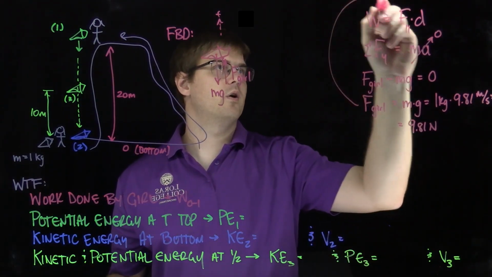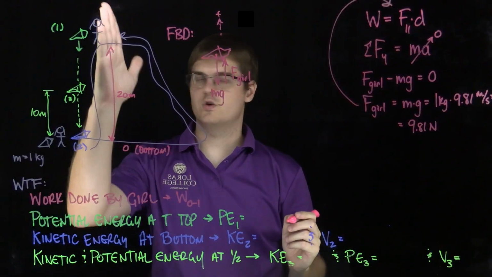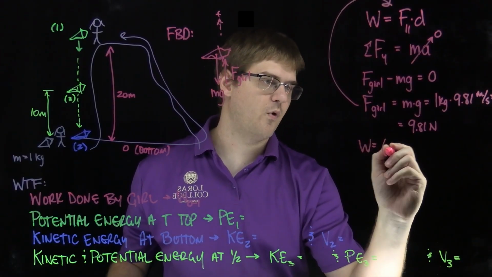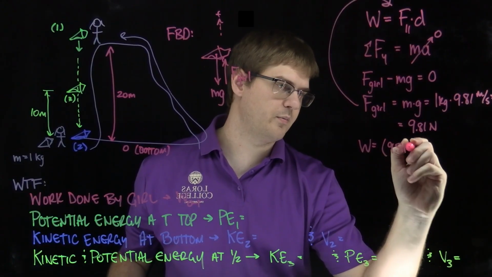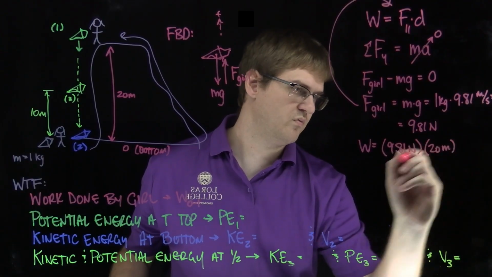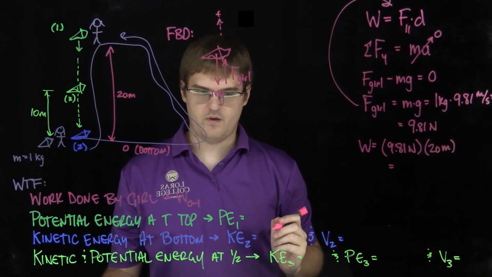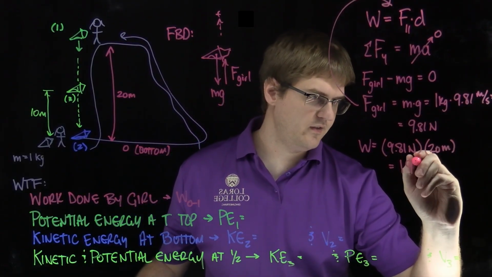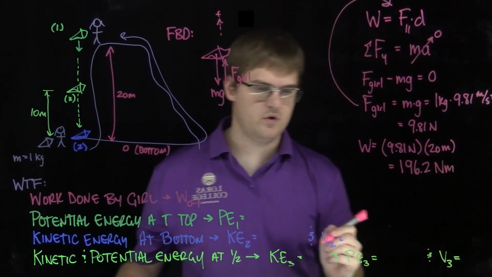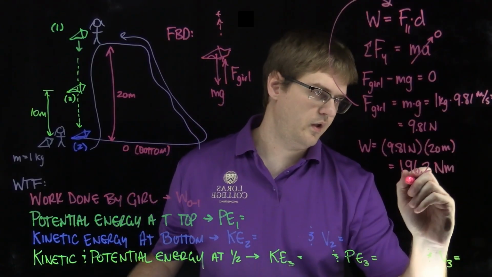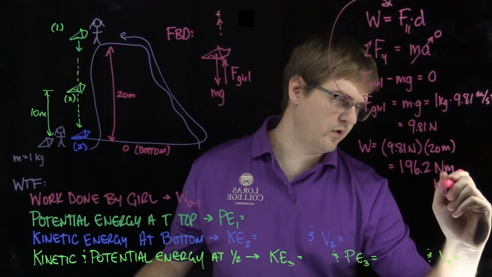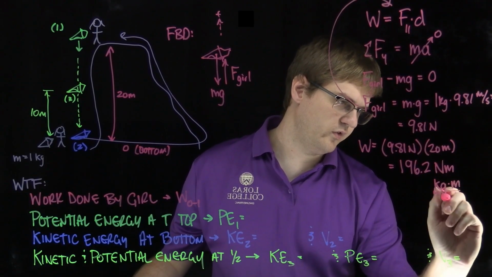We now want this force to come up here, and our force parallel to our distance. Our distance is 20 meters straight up. Our force is 9.81 newtons straight up. We end up with a value of 196.2 newton meters, which is 196.2 kilograms times meters squared per second squared.